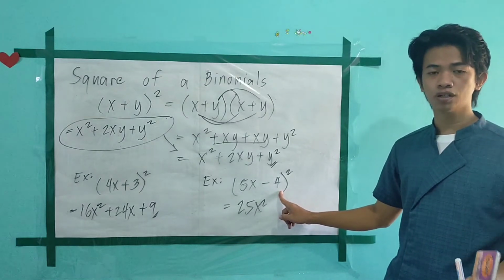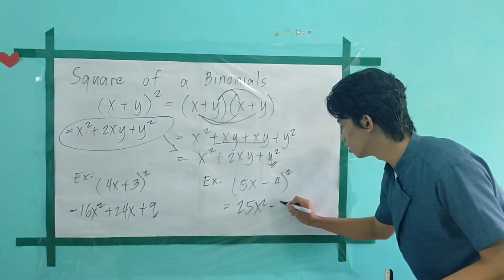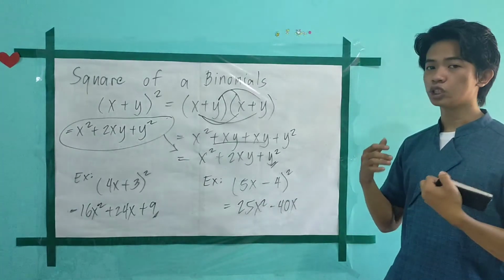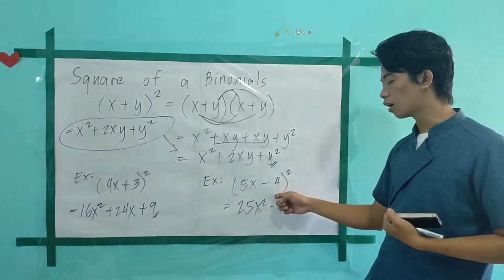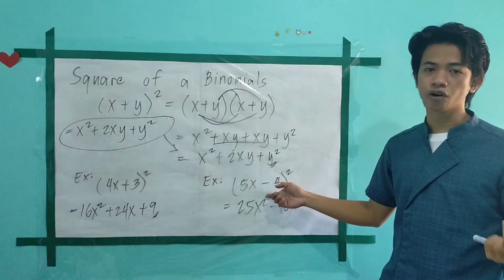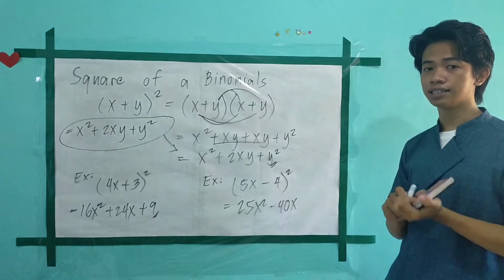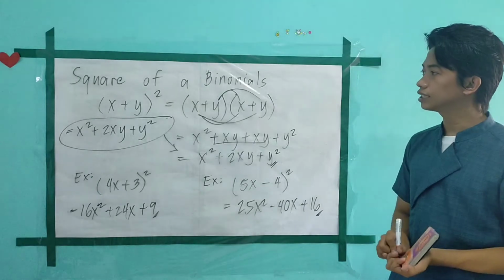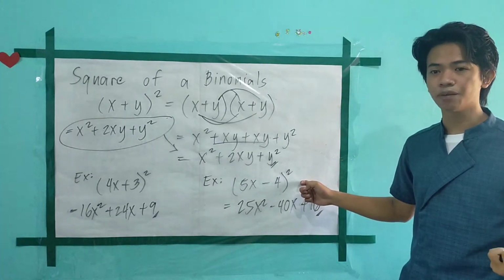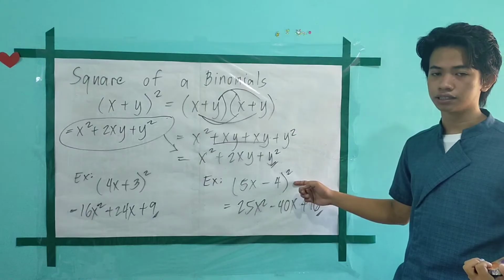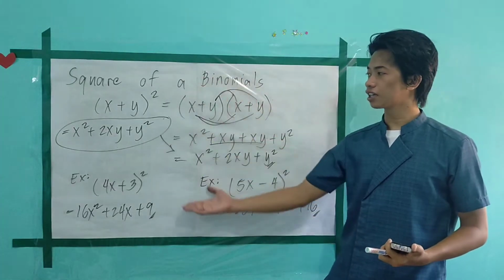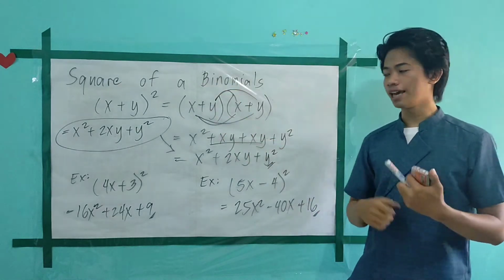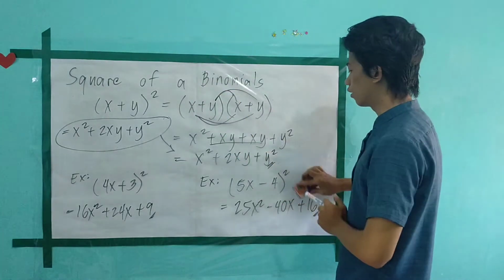Then multiply by 2, it is negative 40x. Then last, square the second term of the binomial. Negative 4 multiplied by negative 4, it is positive 16. So this one is another example of square of a binomial. Again, these are examples of square of a binomial. So next, let's proceed to the square of a trinomial.